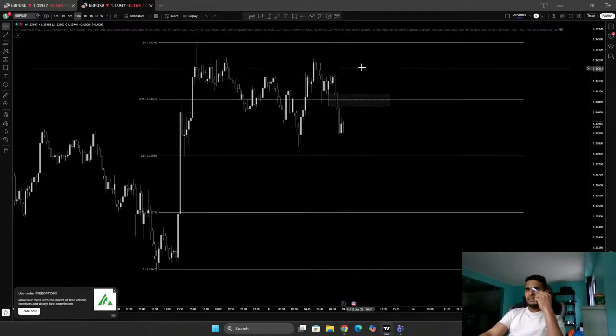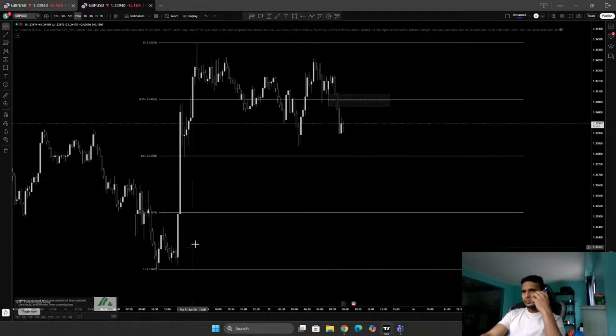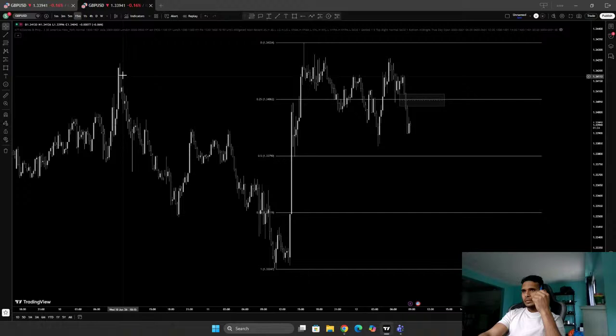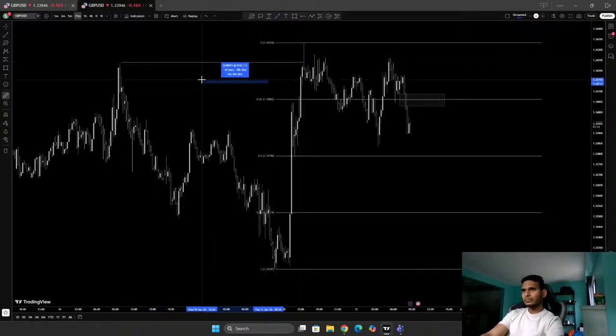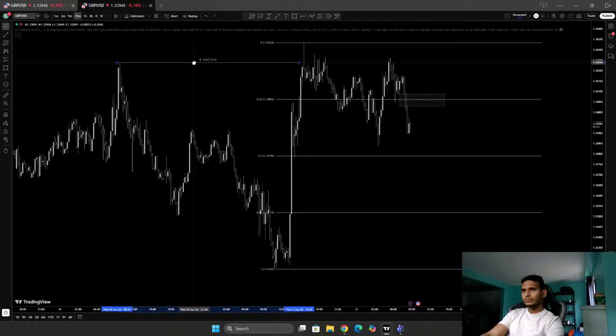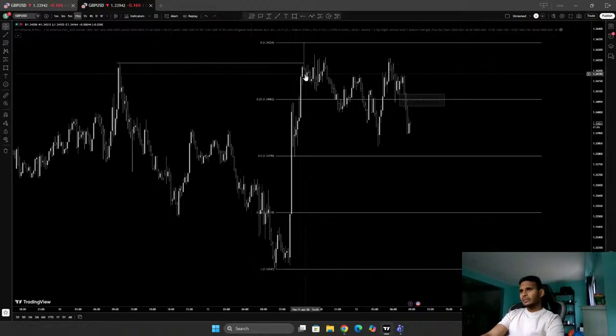I'm just watching the price. So that's how good. From this whole move, we take this buy side liquidity, which I like to mark here. So buy side liquidity has been set.